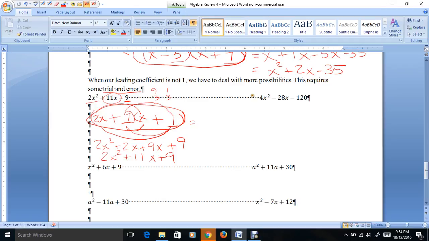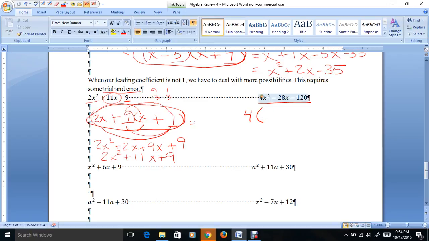Alright, now always remember that when you are going to factor something, the first thing you should look for is a common factor. So in this problem here, this looks a lot more complicated, but if we notice that there is a common factor of 4 in all three of these things, then we can go ahead and factor out the 4 before we even try to factor the trinomial.